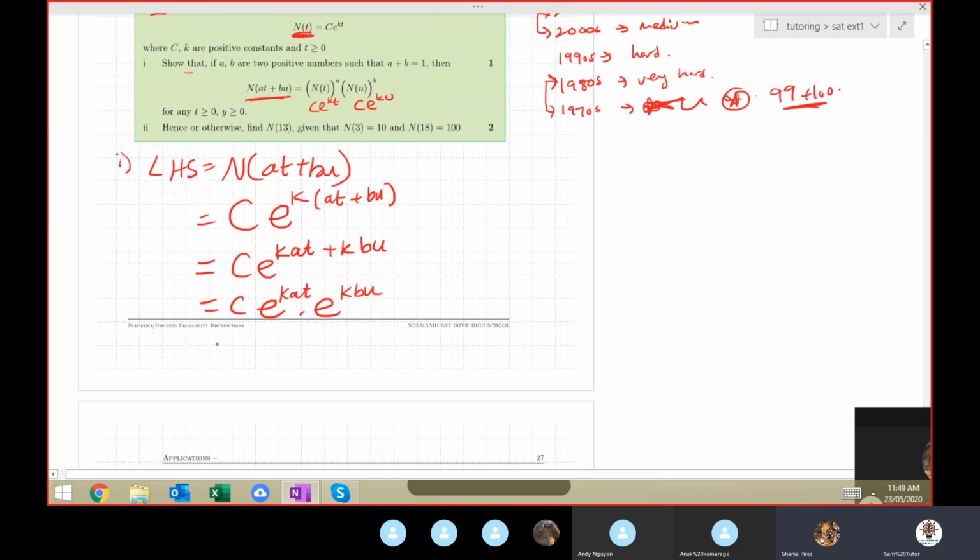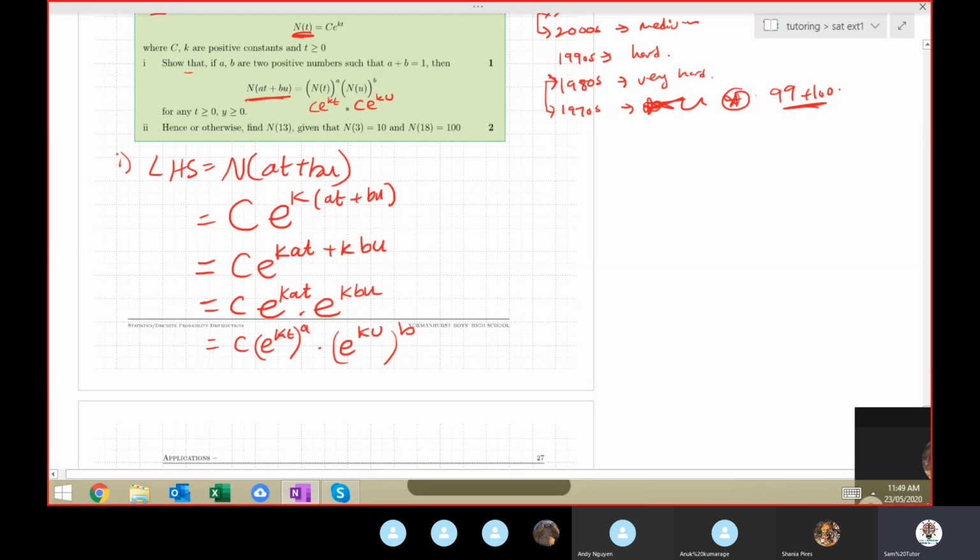And then, of course, I think you guys can obviously see that becomes C, E to the KT, to the power of A. And that becomes E to the KU, to the power of B, because power to power you just multiply.